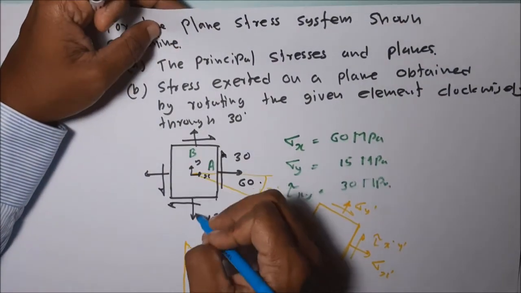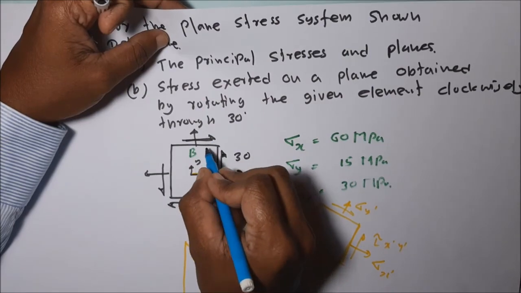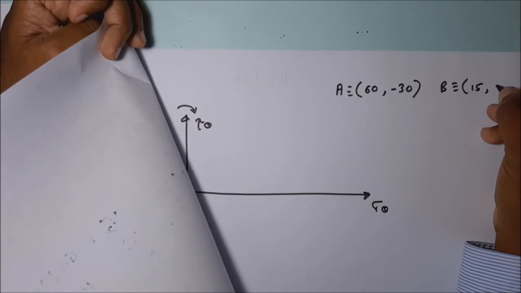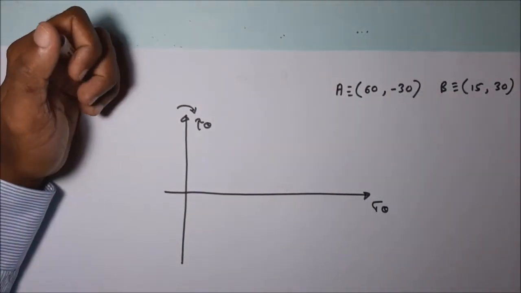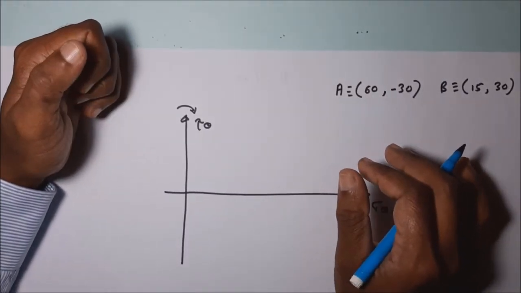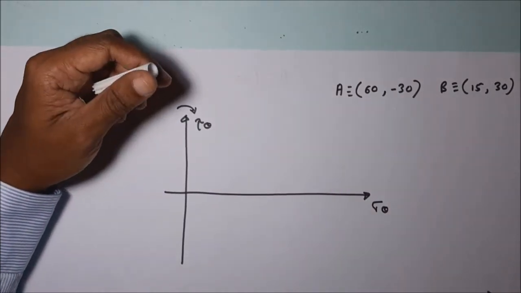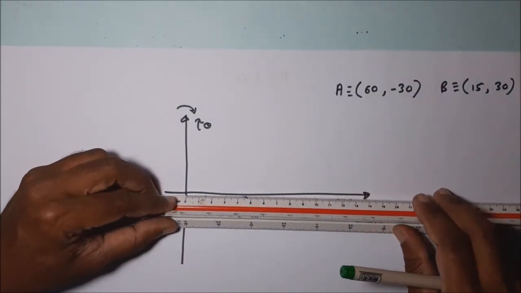Then the B point coordinates are 15 and, since it is clockwise, tau theta is equal to 30. These are the two perpendicular plane stresses. We have to locate these two points on the Mohr plane. Step 4: mark the two points A and B on the Mohr plane.